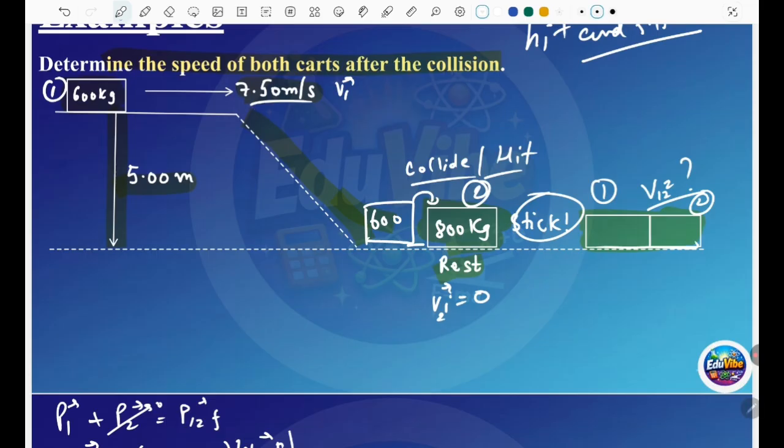It is our velocity initially, but when the cart declines down over there, the speed increases. So when it goes from the height of 5.0 meters down, the speed increases, and that increased speed is our V1, not the 7.50 we have.